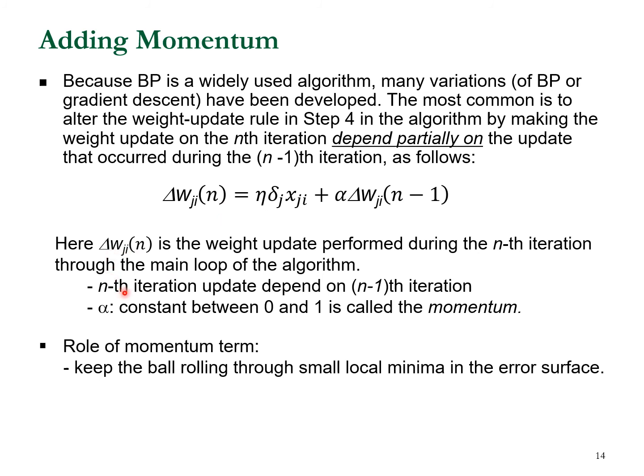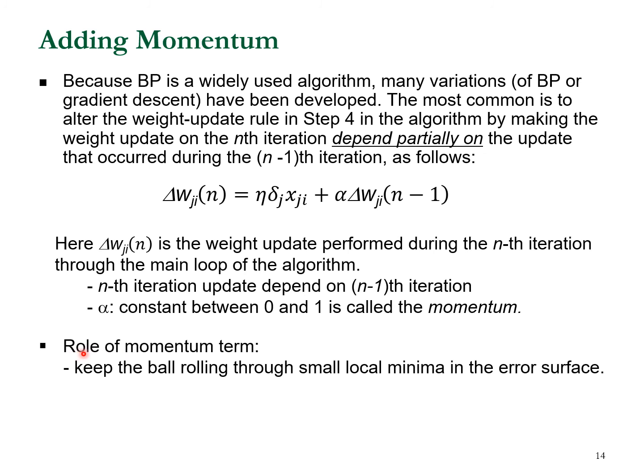So here, the nth iteration update depends on the n minus one previous iteration value, and alpha is a constant between 0 and 1, called the momentum constant. Actually, these days, as we use deep learning, this momentum is not a constant anymore. You have many other advanced techniques, and I'm going to cover this topic in a different chapter on gradient descent.